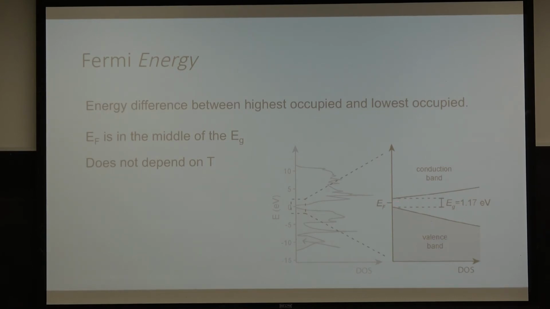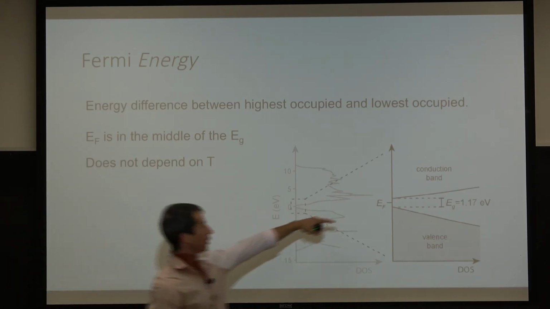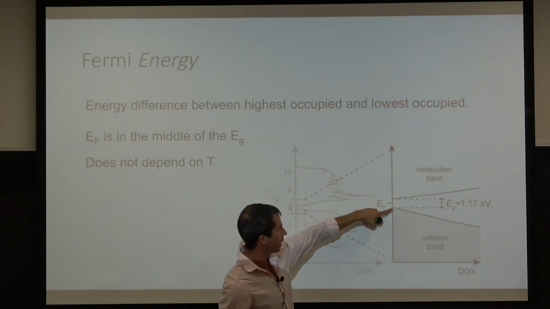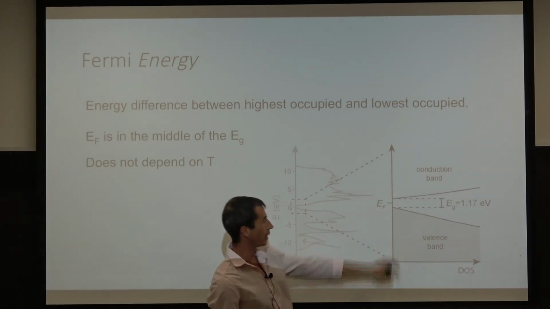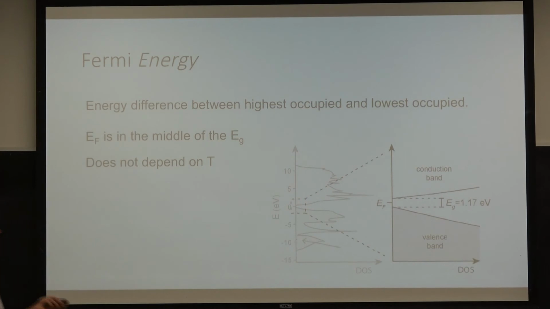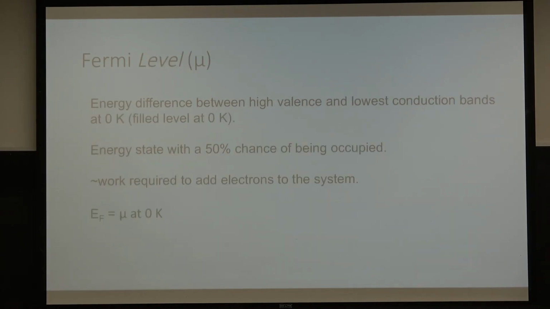Okay, so the very lowest conducting energy state and the very highest valence state define the band gap, and the Fermi energy is exactly 1/2 of that. Okay? The Fermi level is the difference between the highest and lowest conduction band, and that can change with temperature.